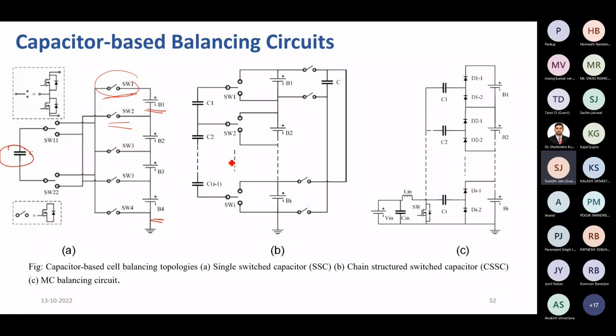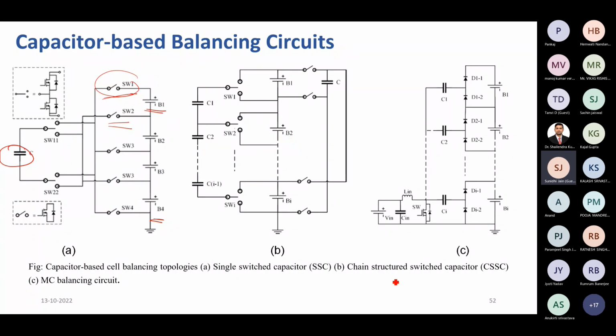And if it is a chain structured switched capacitor, we can have a chain of structures where each cell charges the battery, whether it is overcharged or deep discharged. If a cell has more voltage, the capacitor will be charged, and if it is low voltage, there will be a transfer of charge from the capacitor to the battery.